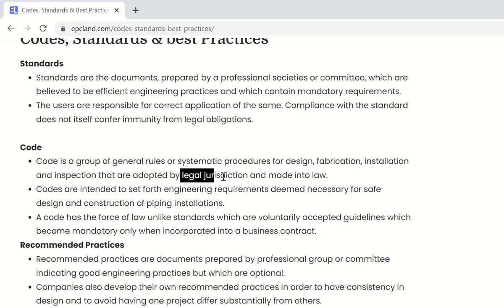This term is really very important when we are talking about code. When we say we are following a code, for example ASME B31.3, which is a code, we are saying all the rules which are there, we are following those.